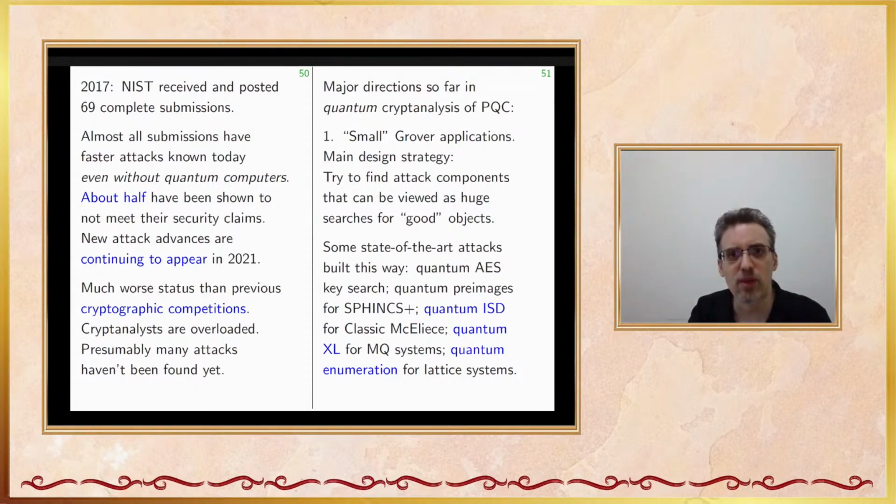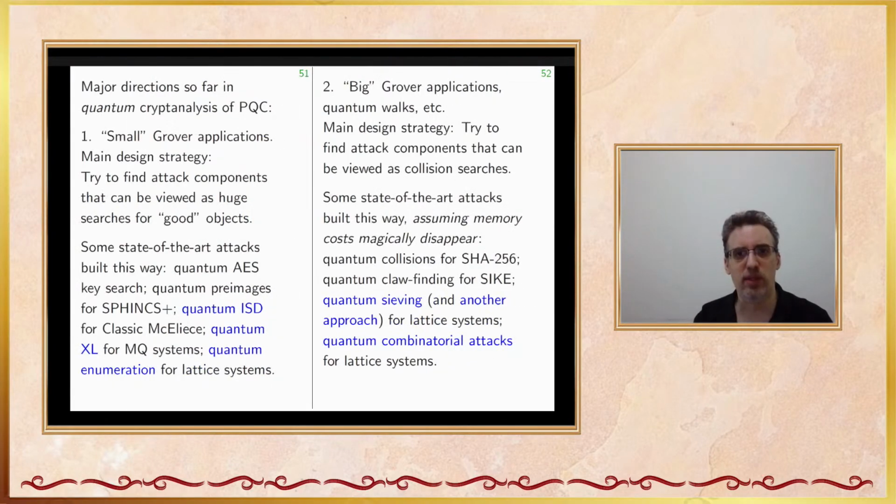Now, there are what I'm labeling as big Grover applications, where the big search is doing something much more expensive inside the inner loop, like using a lot of memory or doing some collision searches, where without quantum computers there are some clever ways to get rid of the memory usage and the communication inside collision searches.